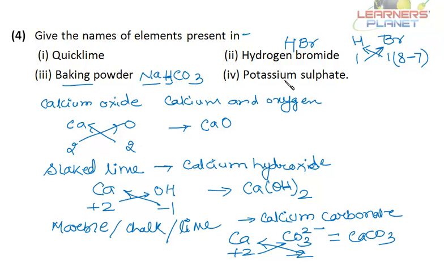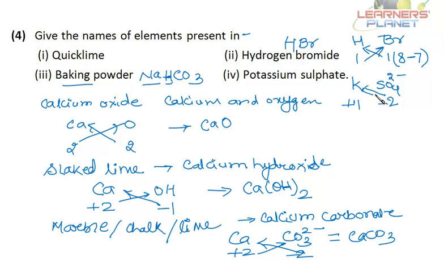Then is potassium sulfate. So what will be the formula of this compound? Potassium is K. Sulfate is an anionic radical. It is SO4 2 minus. Right? What are the charges? +1 on potassium and -2 on sulfate.